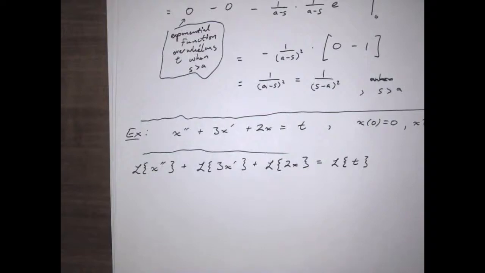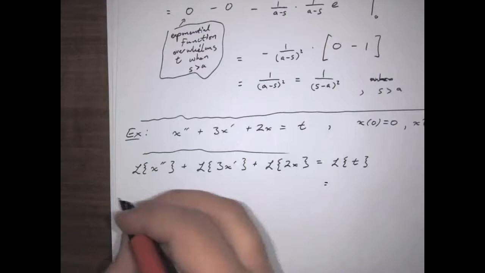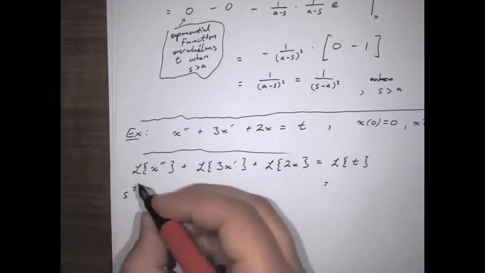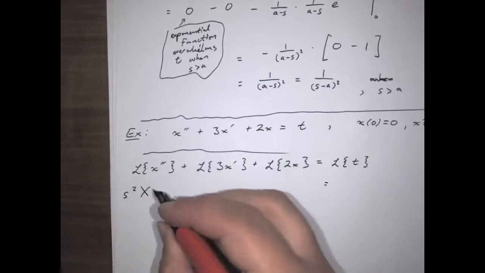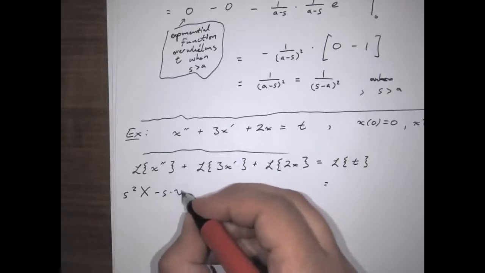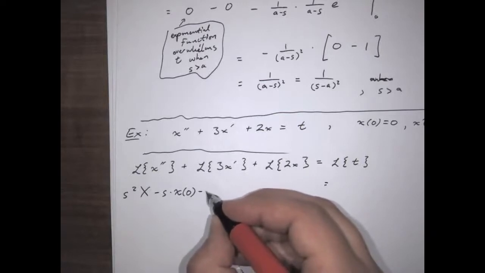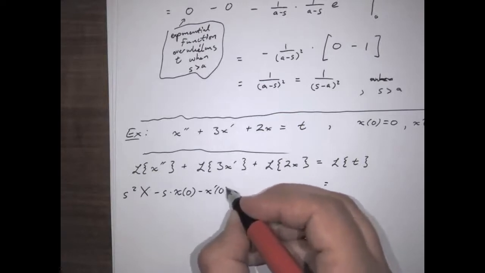Now, Laplace transform of t, you'll recall, is equal to 1 over s. But here we have an s squared times Laplace transform of x minus s times x of 0 minus just x prime of 0.